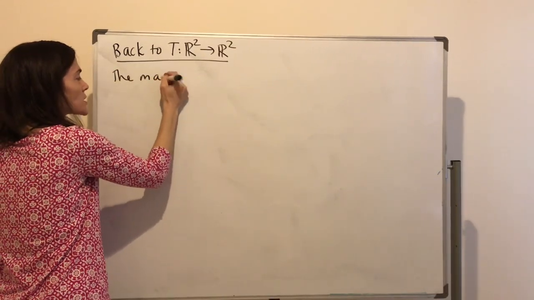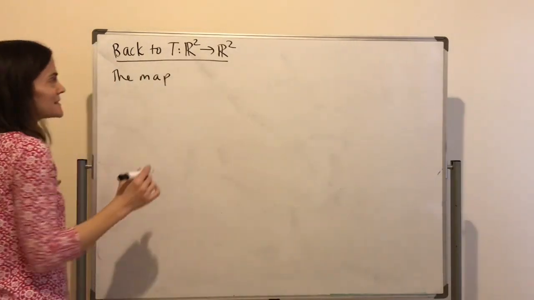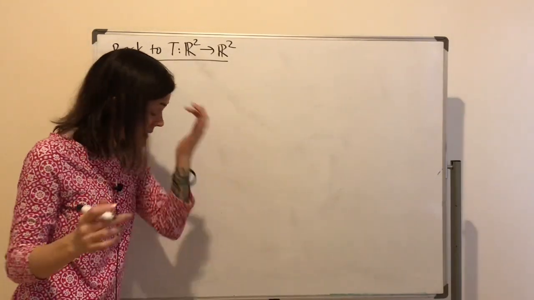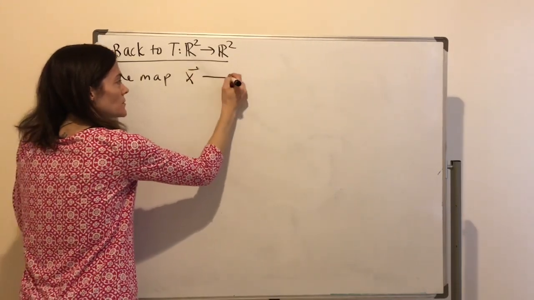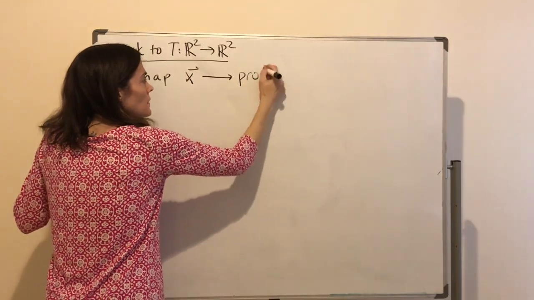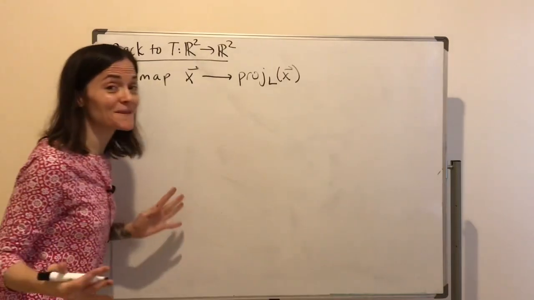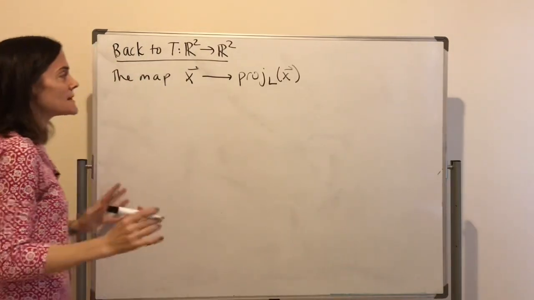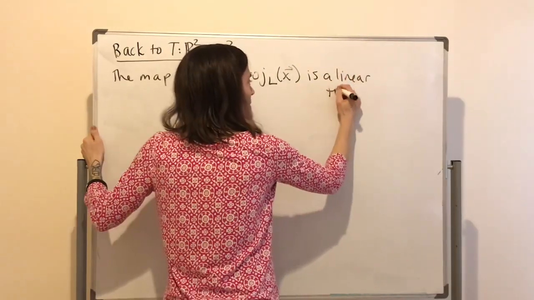Okay, I would like to go back to R2 now, just because I want to talk about the associated matrix. So the map that sends a vector X in R2 to the orthogonal projection of X onto some line is a linear transformation.